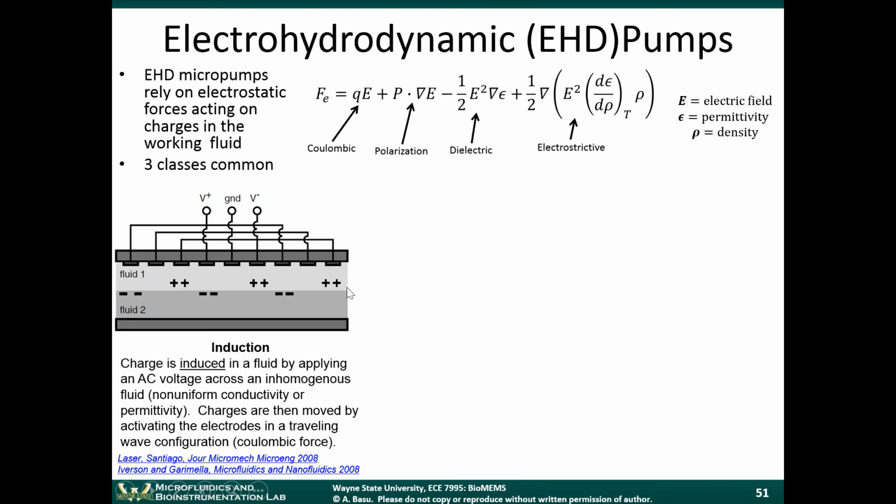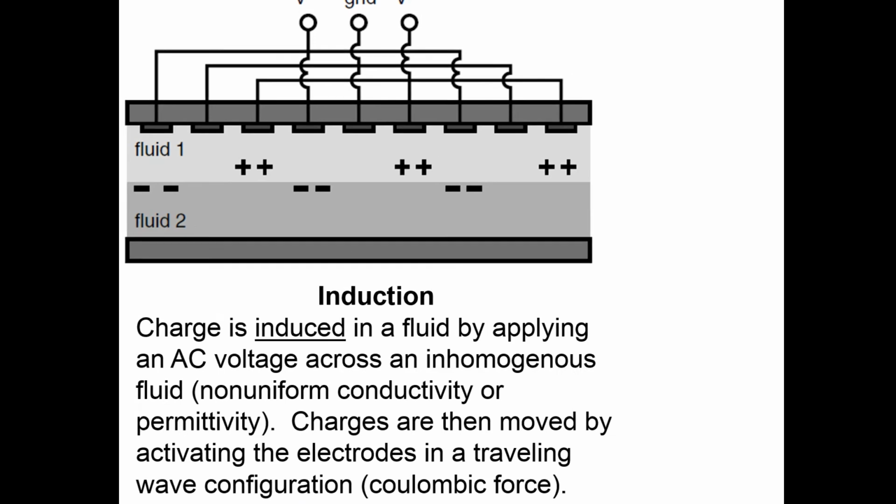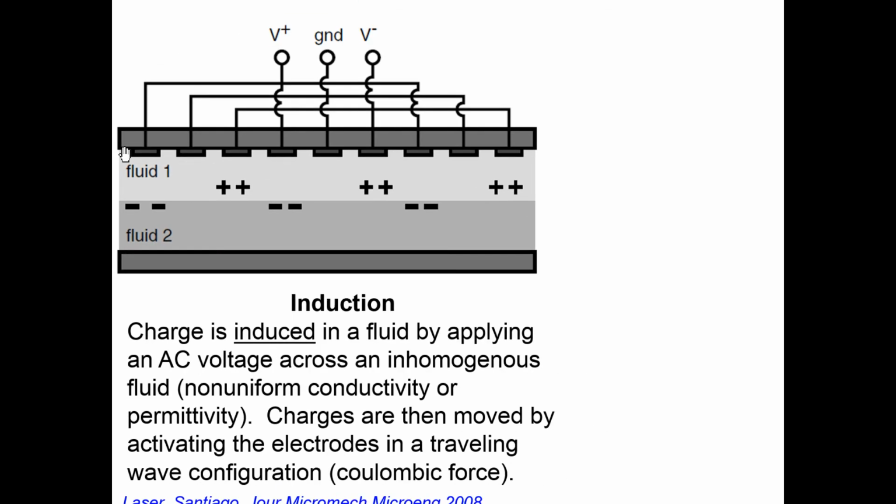If we look a little bit closer at this, you'll notice that there's a series of electrodes here, an array of electrodes. The positive voltage is connected to this one, this one, this one. So every three electrodes are alternating. This is the positive voltage. The next one is ground, and then the next one is the negative voltage. It's positive, ground, negative, and positive, ground, negative, positive, ground, negative.